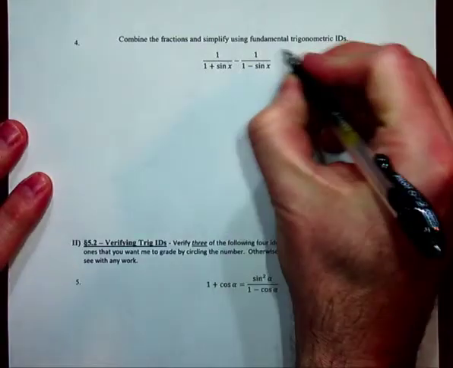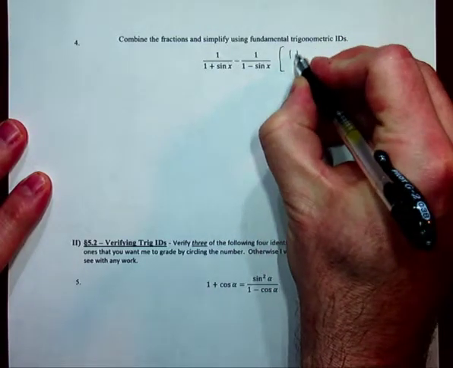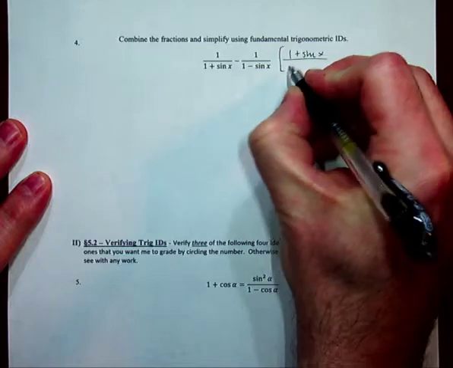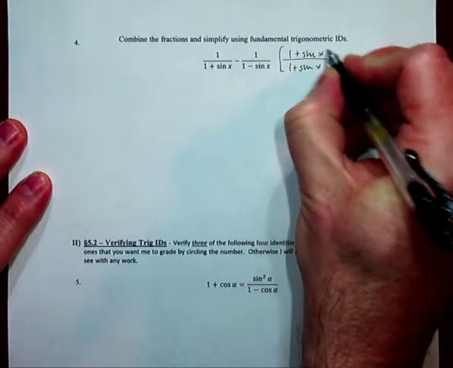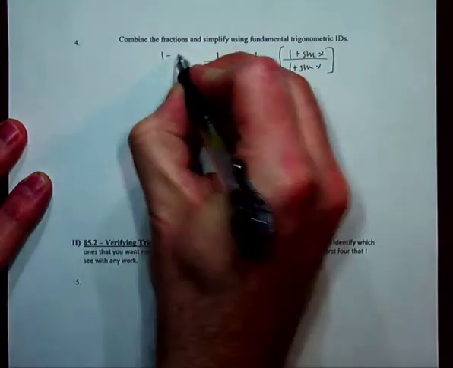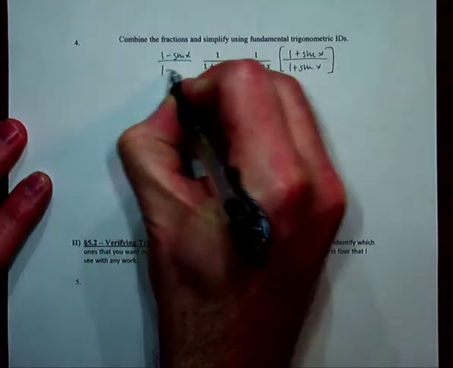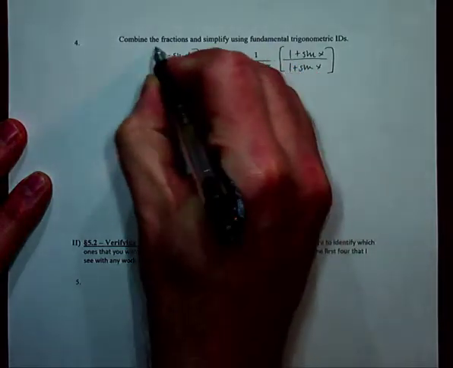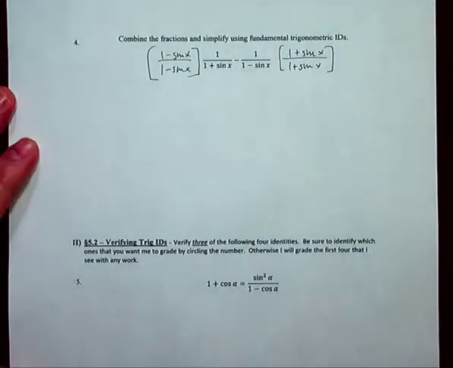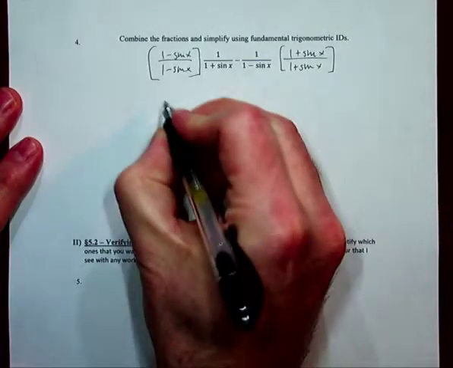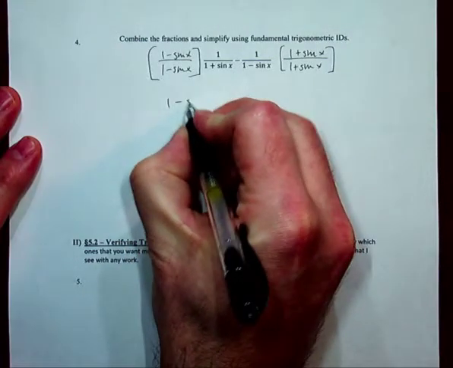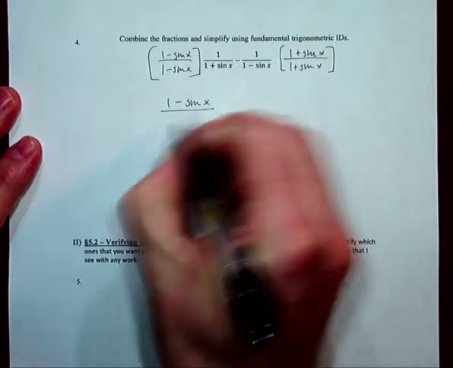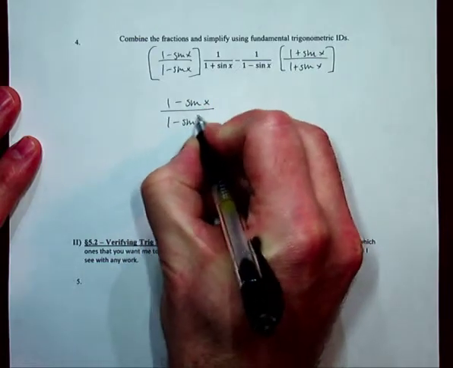The great part about that is that other denominator over itself also happens to be the conjugate. And when we multiply by the conjugate of the denominator, we wind up getting the difference of 2 squares, which in this case winds up being also a Pythagorean identity.